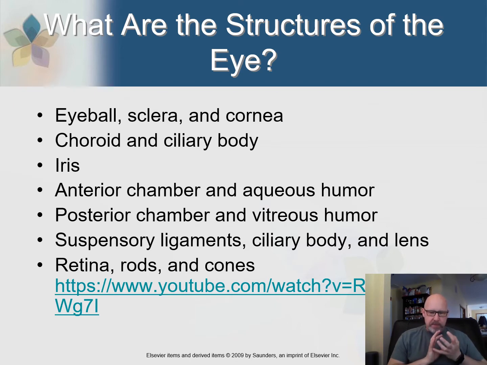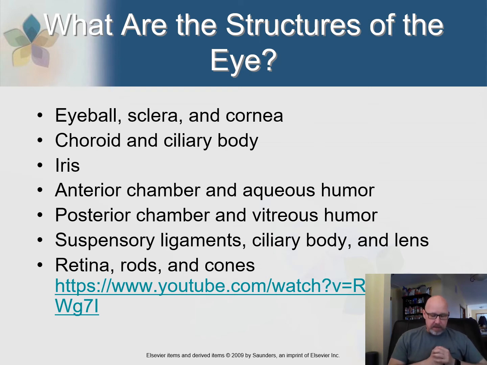And the transparent cornea is what covers the film that covers the entire eye itself for protection. Now, the cornea is going to cover the anterior portion of the eye, and that's, as I said before, for the protection. And that's where you get things like corneal abrasions and those types.